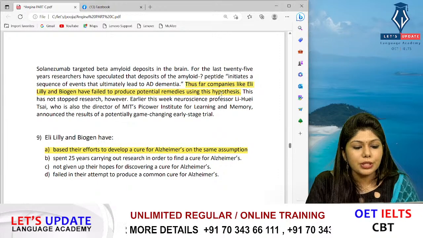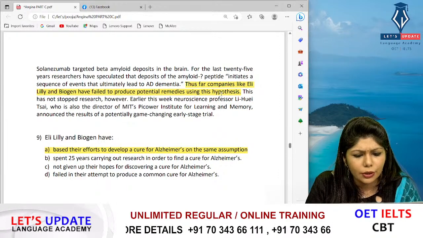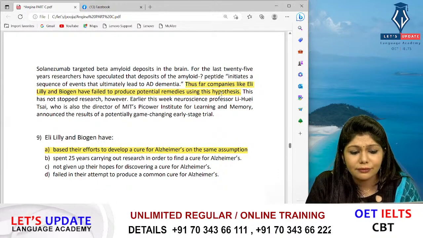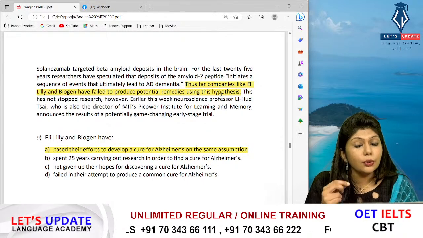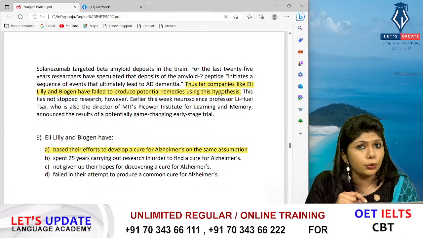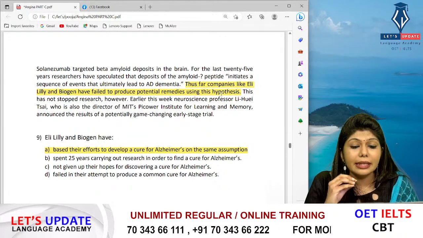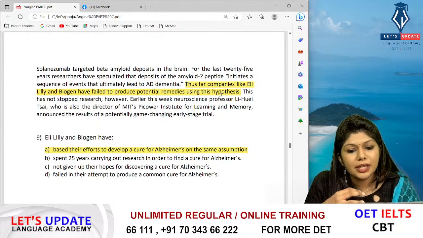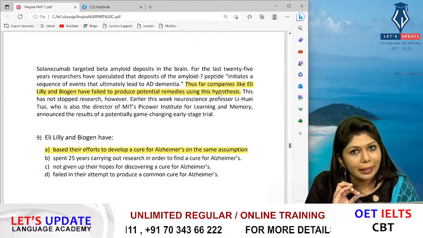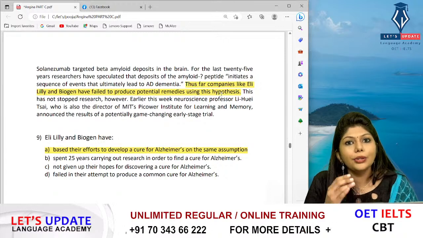And what about option D? Failed in their attempt to produce a common cure for Alzheimer's. Have they mentioned that both of them have tried to produce a common cure for Alzheimer's? No. They have only mentioned that they have tried to produce potential remedies using the same hypothesis, but the cure may be different.